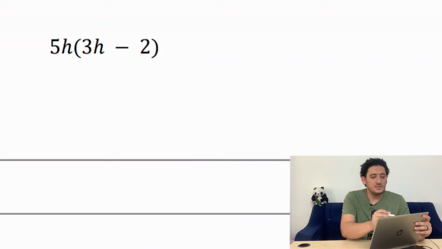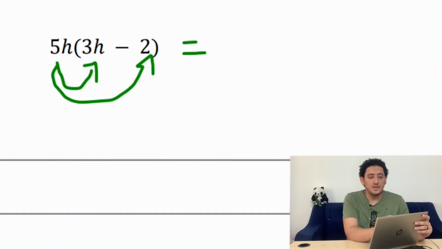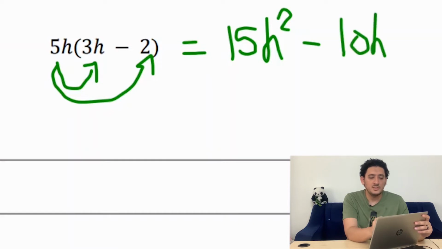If you want to solve it, you will multiply 5h by 3h and you'll multiply 5h by negative 2 as well. So 5h multiply 3h equals 15h squared.